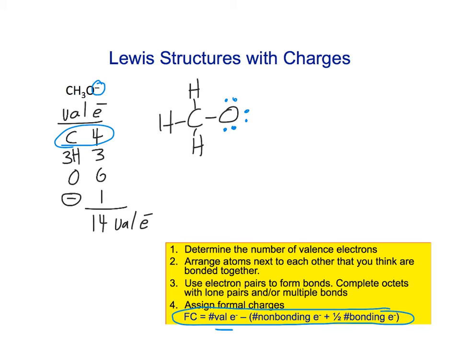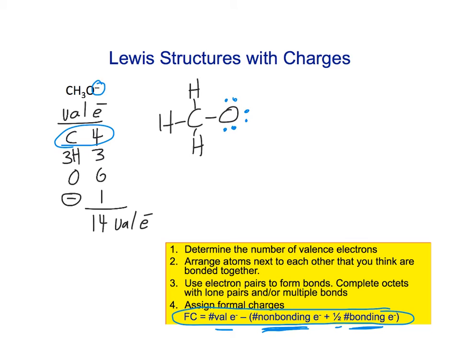The two possibilities are that it could have non-bonding electrons. Those non-bonding electrons aren't shared with any other atom, so it gets to count all of those. And it has bonding electrons, and it gets to count only half of the bonding electrons because it's sharing those. All right? And we compare those two. If it has more electrons associated with it than it had valence, then it's going to have a minus charge. If it has less than its valence, it has a plus charge.